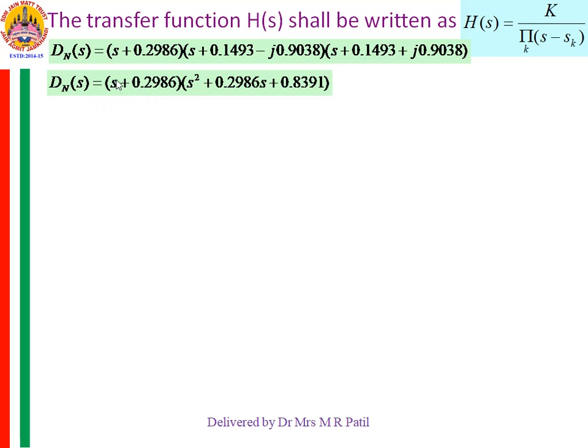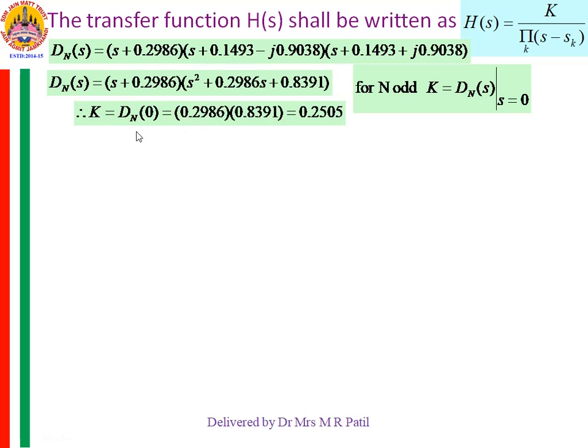Now in this you have to substitute S is equal to 0 so that you get K. So in this Dn of S, I'll substitute S is equal to 0. Now if I substitute S is equal to 0, for the first term you will get 0.2986 and for the second bracketed term you will have 0.8391.